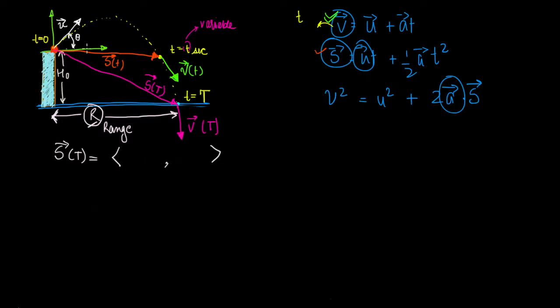The horizontal component is the same as the range, so we write r there.